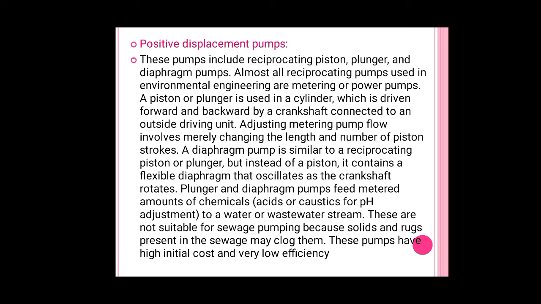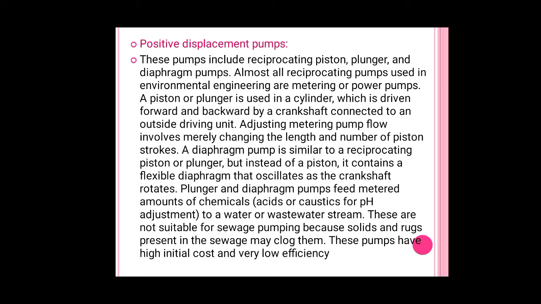Then next is the positive displacement pump. This pump includes the reciprocating piston, plunger and diaphragm pump. Almost all the reciprocating pumps used in environmental engineering are metering or power pumps.